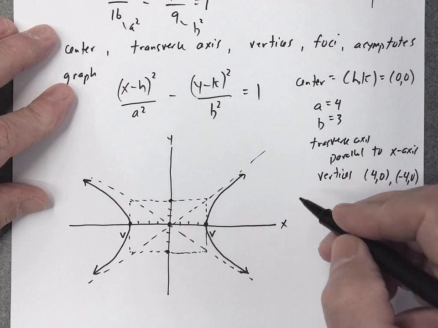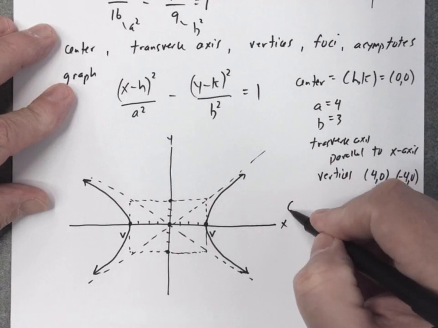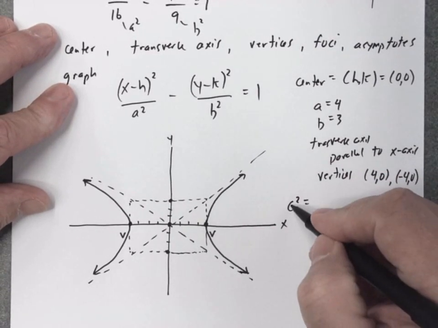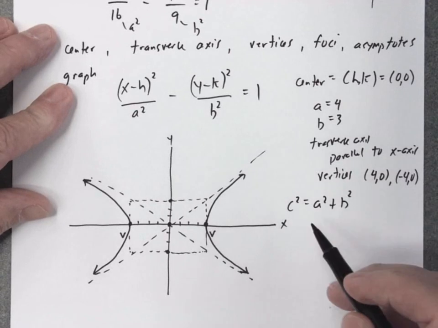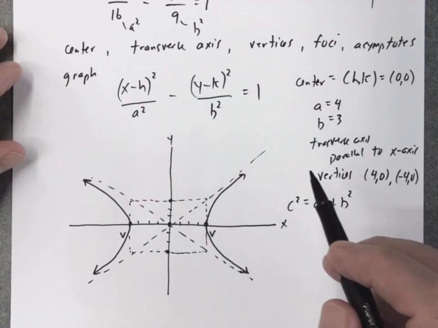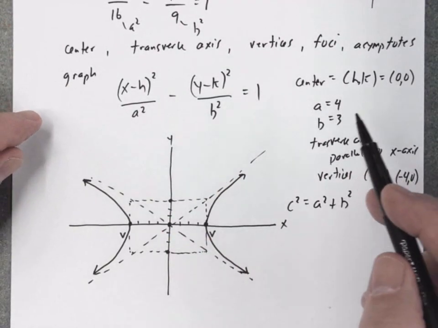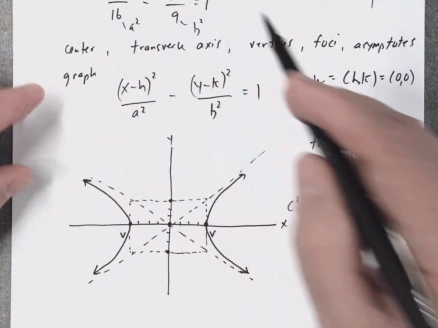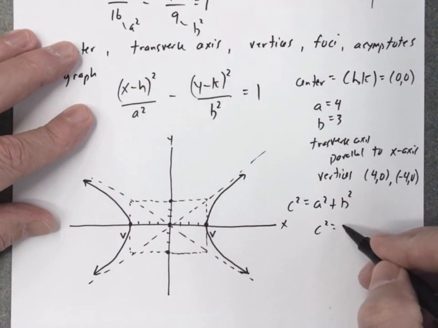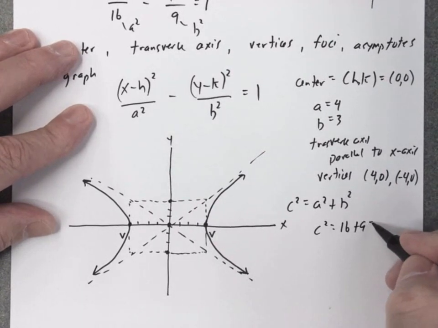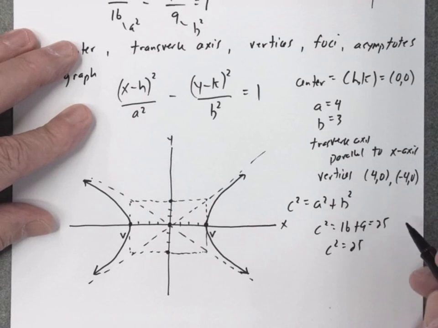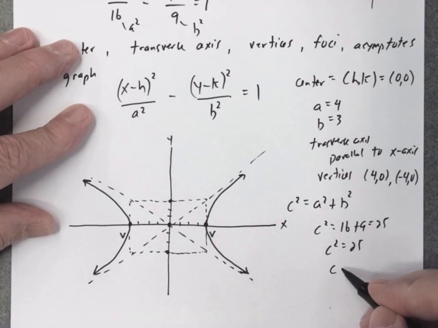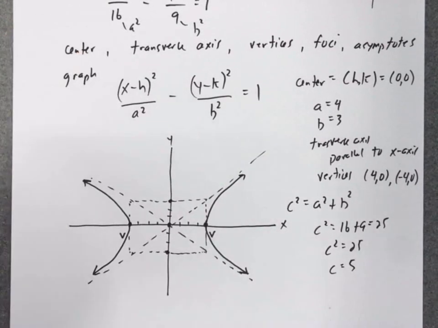The distance from the center to the foci is c. So we have this relationship between c, a, and b. Since we know a squared is 16 and b squared is 9, we can say that c squared is 25, and then if we take the square root of both sides, c is 5.